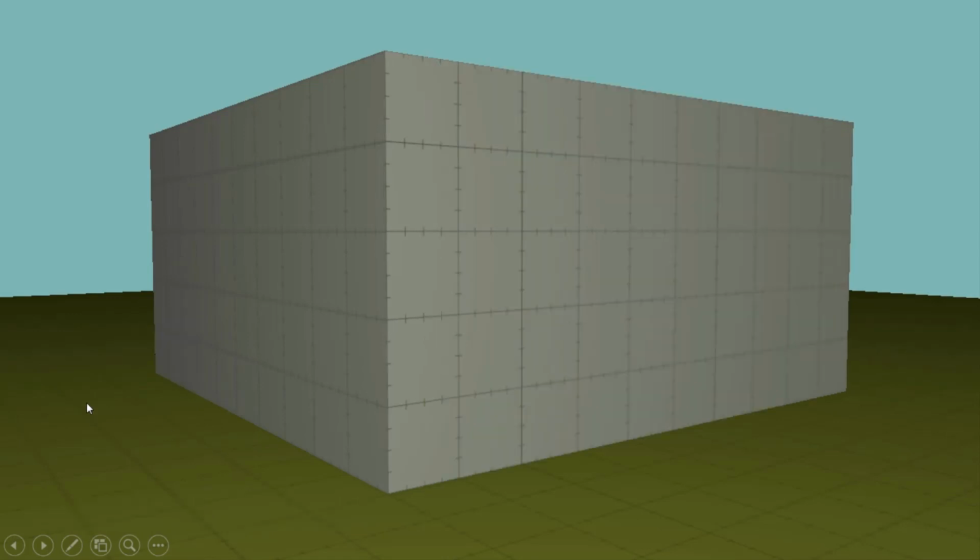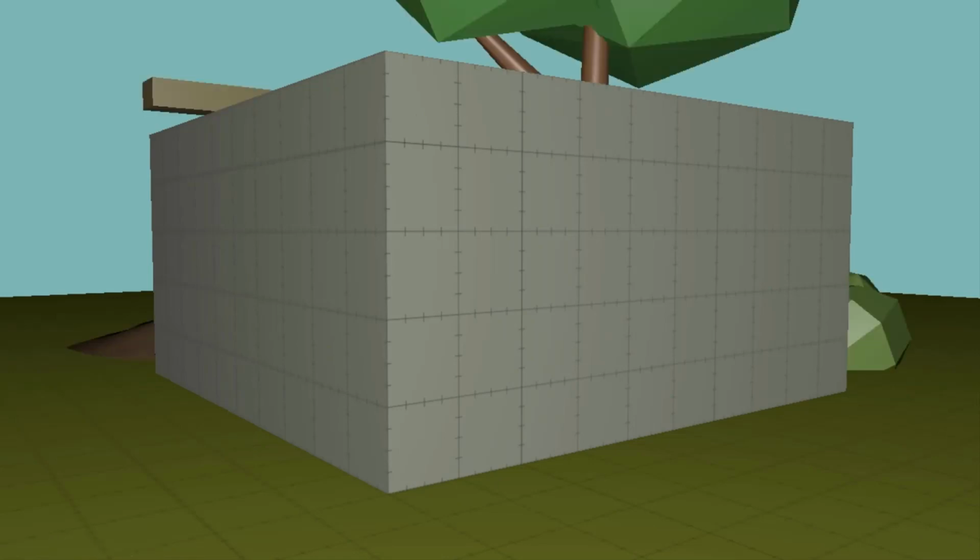That's much more so than, for instance, in this case right here, where we might as well believe that this is a full solid cube and that there's nothing behind it. But if we add some supporting shapes here, the tree gives a sense that obviously the tree is going to extend downwards and be planted on the other side, most likely.